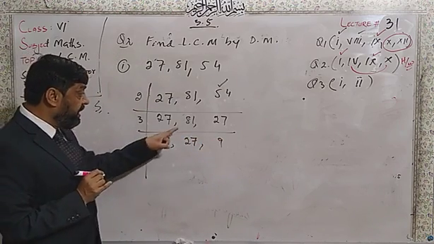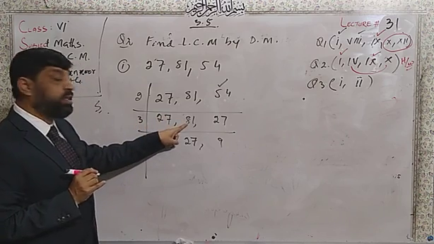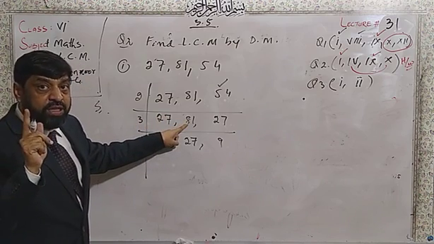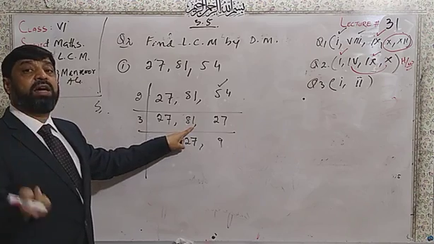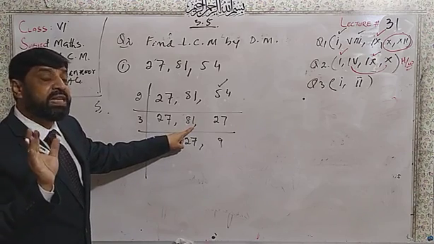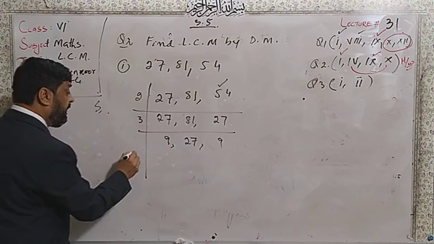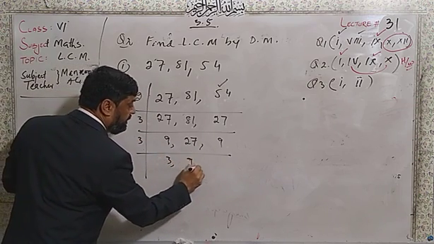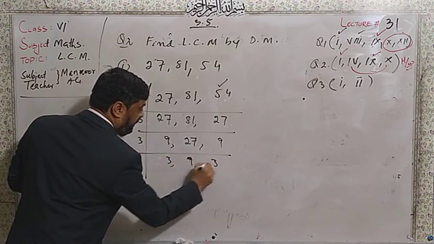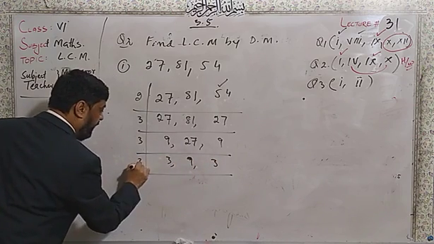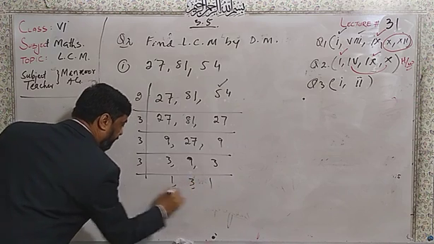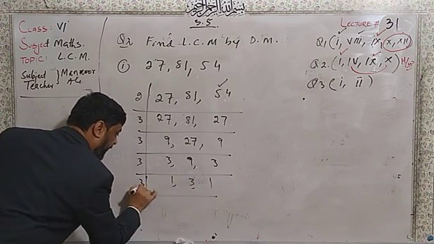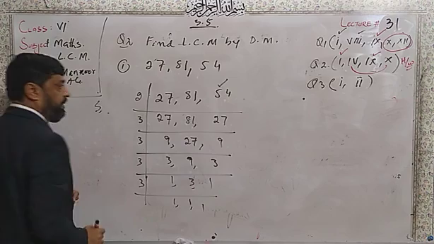How 27? Table of 3, 9 times. 3 divides 27, 9 times; 81, 27 times; 27, 9 times. Again 3: here 3 times, here 9 times, here 3 times. Again 3: here 1 time, here 3 times, 1. Again 3: here 1 time, 1 time.